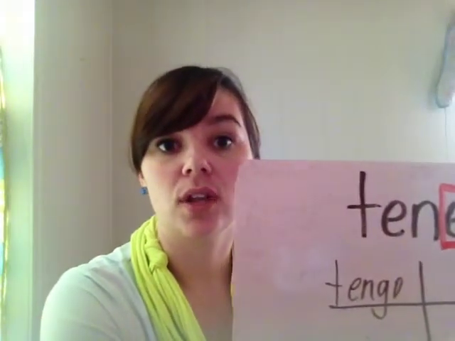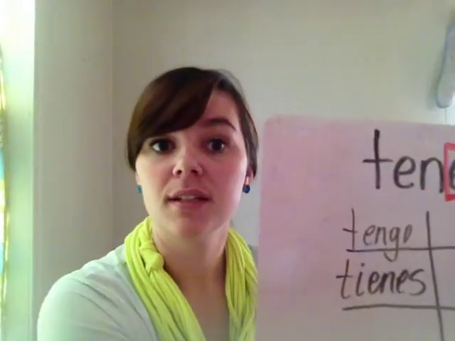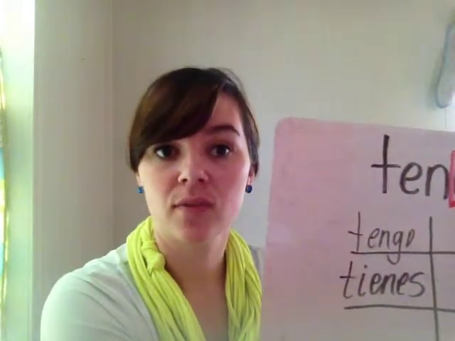Entonces, ¿cómo se dice I have en español? Tengo. ¿Cómo se dice you have en español? Tienes. ¿Cómo se dice you have formally? Like the formal way of saying it.